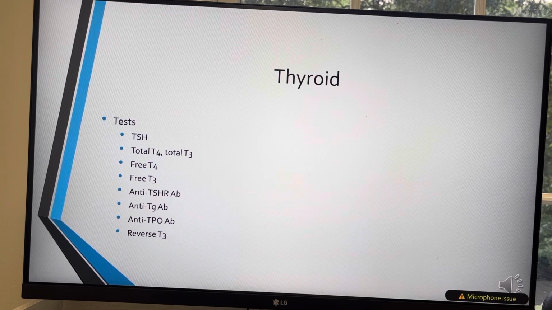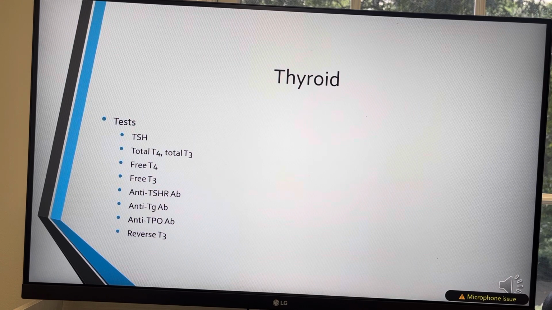And then anti-TPO, anti-thyroid peroxidase antibodies. They are specific for the TPO protein. TPO protein is thyroid peroxidase. It catalyzes iodine oxidation in the thyroid gland.